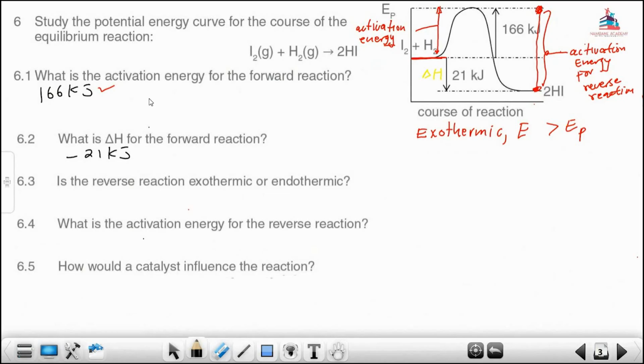Is the reverse reaction exothermic or endothermic? I need an answer.